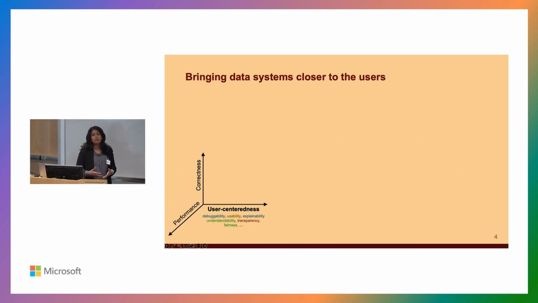We always want our system to be performant, scalable, and so on. There is this correctness dimension. We want our systems to be accurate, reliable, and other stuff. But there is another dimension that I call user-centeredness. This dimension talks about other things that are often overlooked or not prioritized while building data systems, such as debuggability, usability, explainability, trustworthiness, fairness, and so on and so forth.